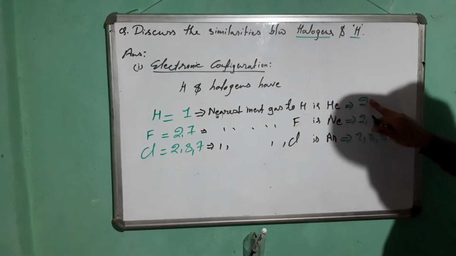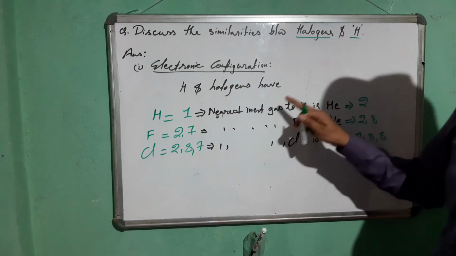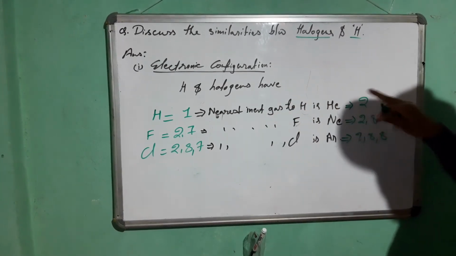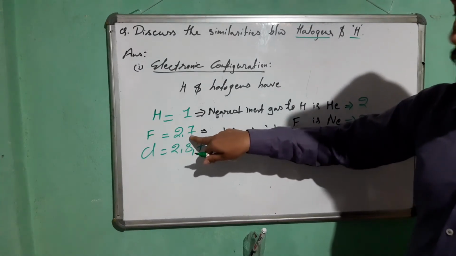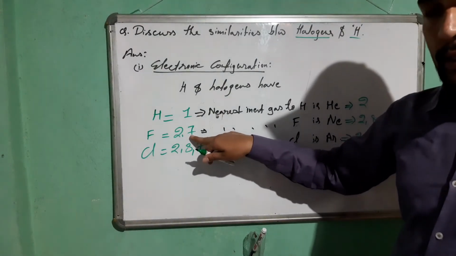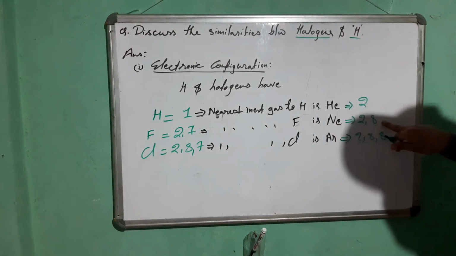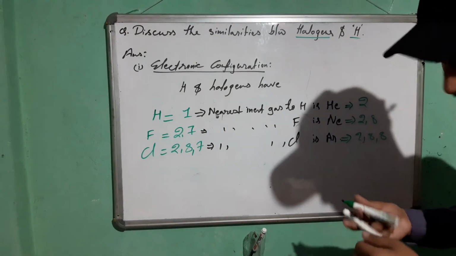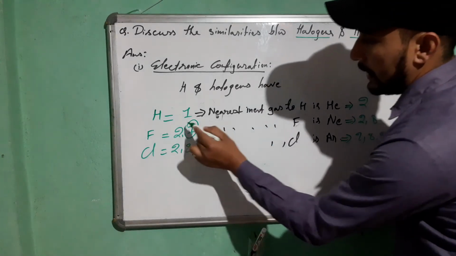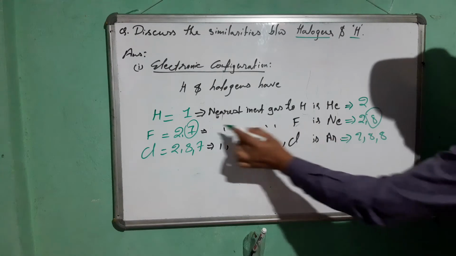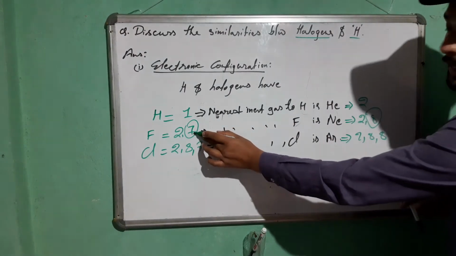Hydrogen has one electron in its outermost orbit, while helium has 2. So hydrogen has one electron less than the nearest inert gas, helium. Similarly, fluorine has 7 electrons in the outermost orbit, and the nearest inert gas, neon, has 8. So fluorine has 1 electron less.